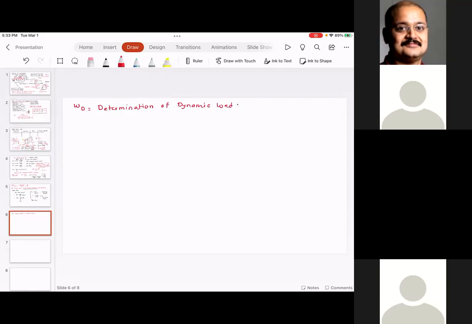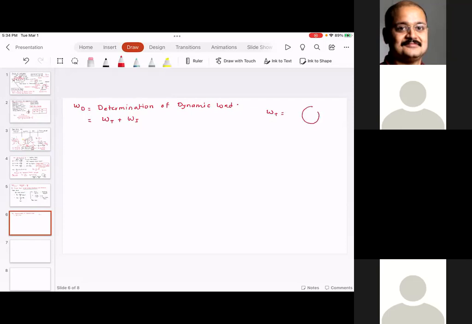So dynamic load is the tangential load plus intermittent load Wi. Tangential load, we already know. Tangential load is a design parameter. So for an example, how would you find out the tangential load?